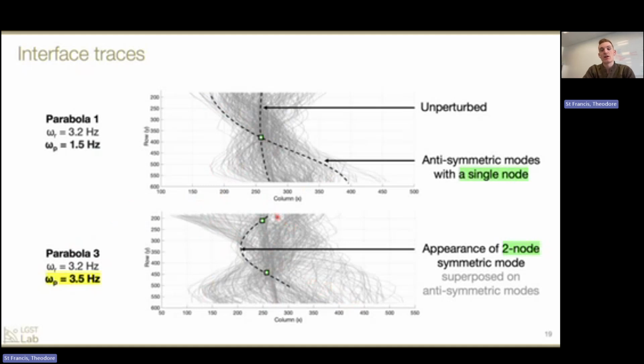But we also see the appearance of some two-node symmetric modes. All of these modes are superposed onto each other, but this is a clearly qualitatively different response of the interface at the higher perturbation frequency.